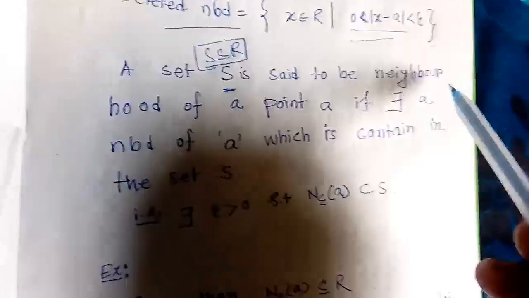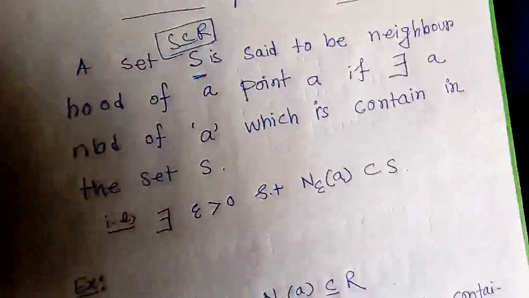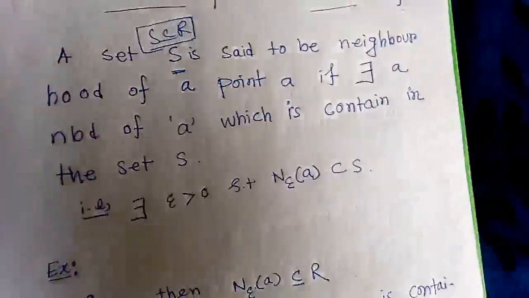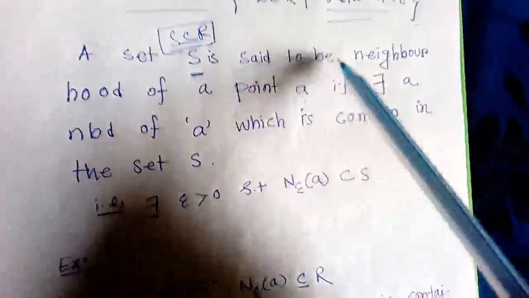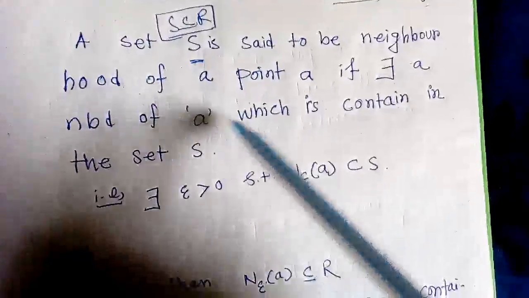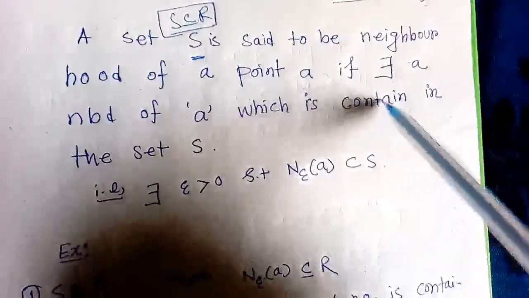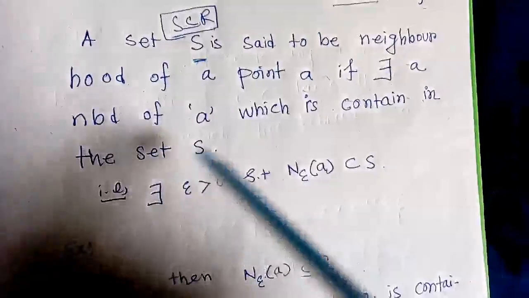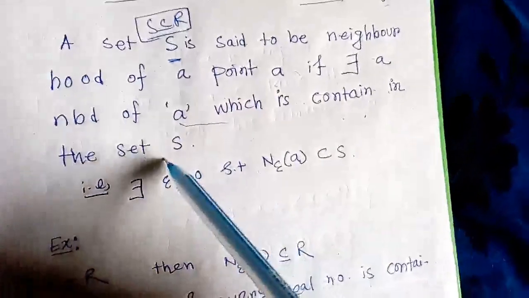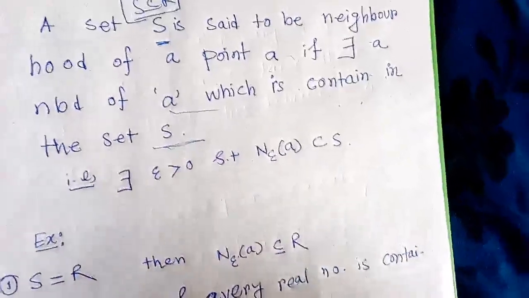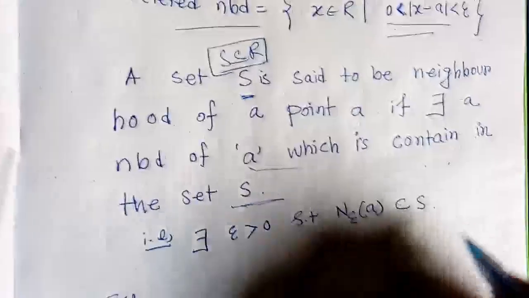A set S is said to be a neighborhood of a point A if there exists a neighborhood of A which is contained in the set.